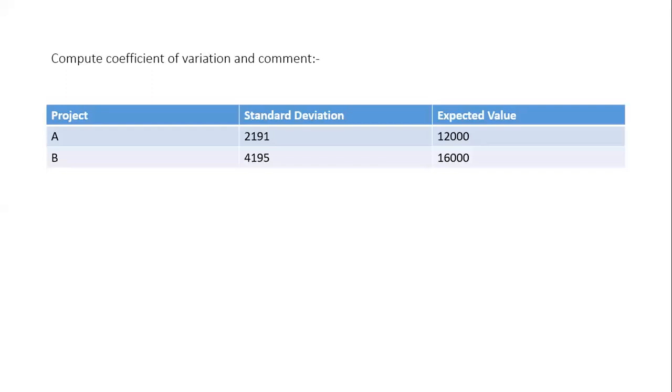The formula for coefficient of variation is equal to standard deviation upon expected value.